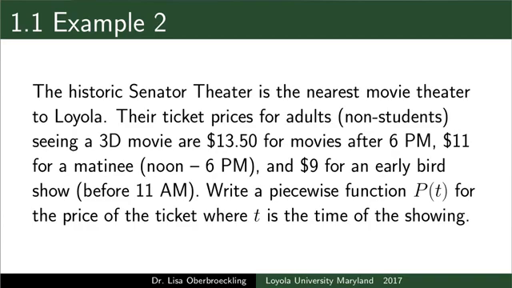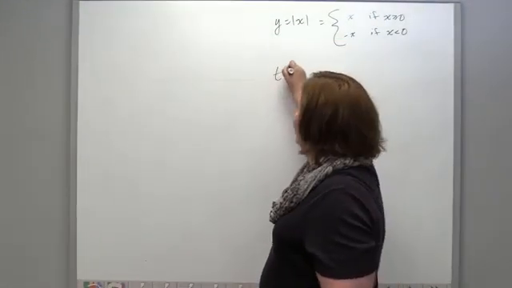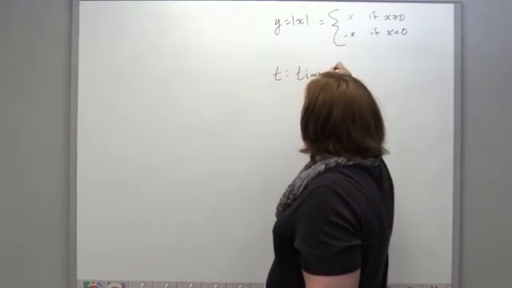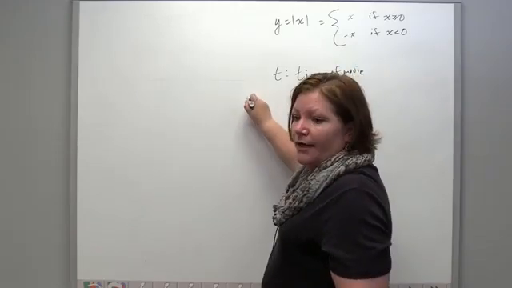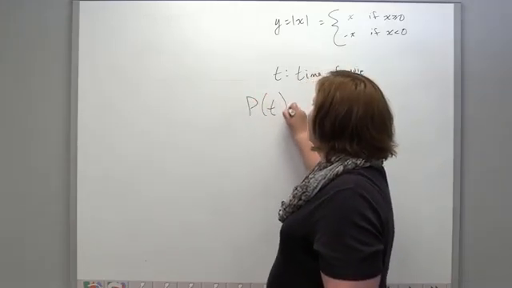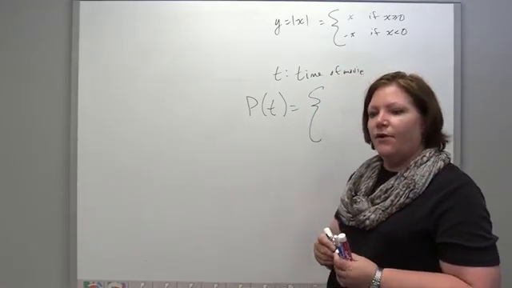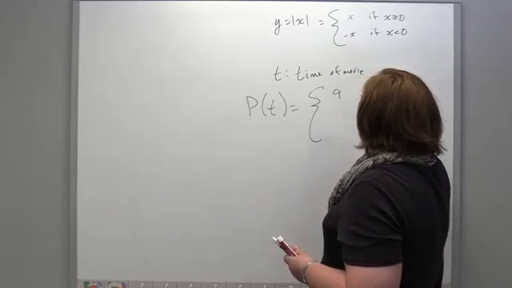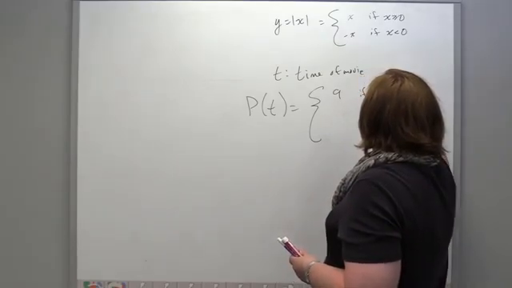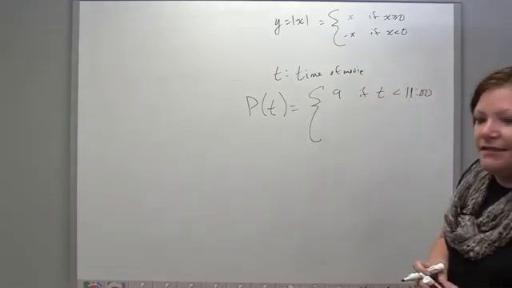And those are only $9. And so we can think of it as, if T is the time that the movie starts, then the price of the movie is going to be 9 if T is before 11 o'clock, so I'll write it as T is less than 1100.